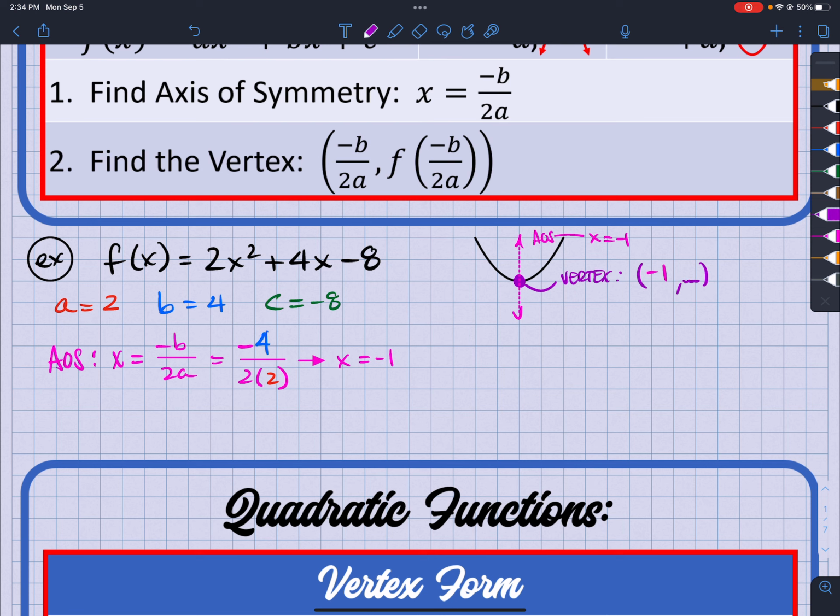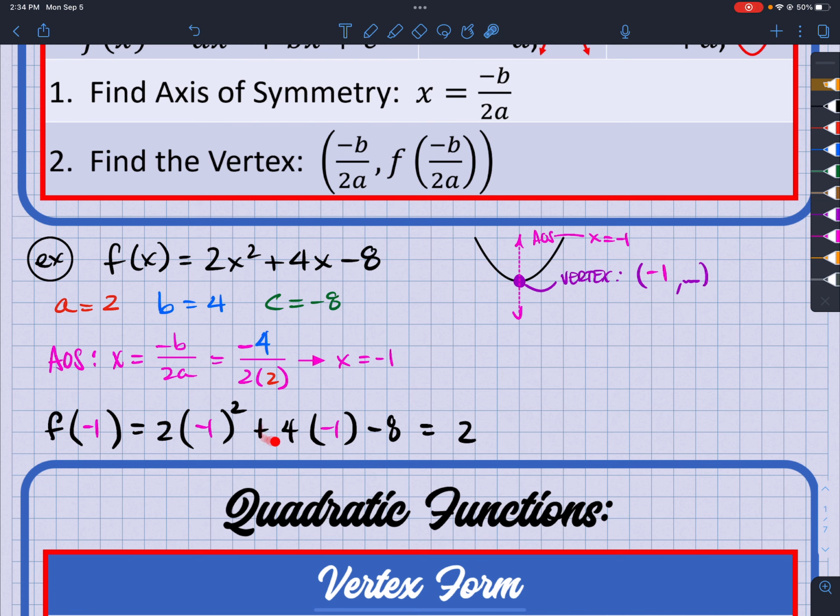So what I want to find is my y value. In order to find that y value, I have to find f of -1, because -1 is my x value. Let's plug that in. I've got 2 times -1 squared plus 4 times -1 minus 8. So I have -1 squared, which is +1, times 2 is going to give me 2. I have -1 times +4, which is going to give me -4.